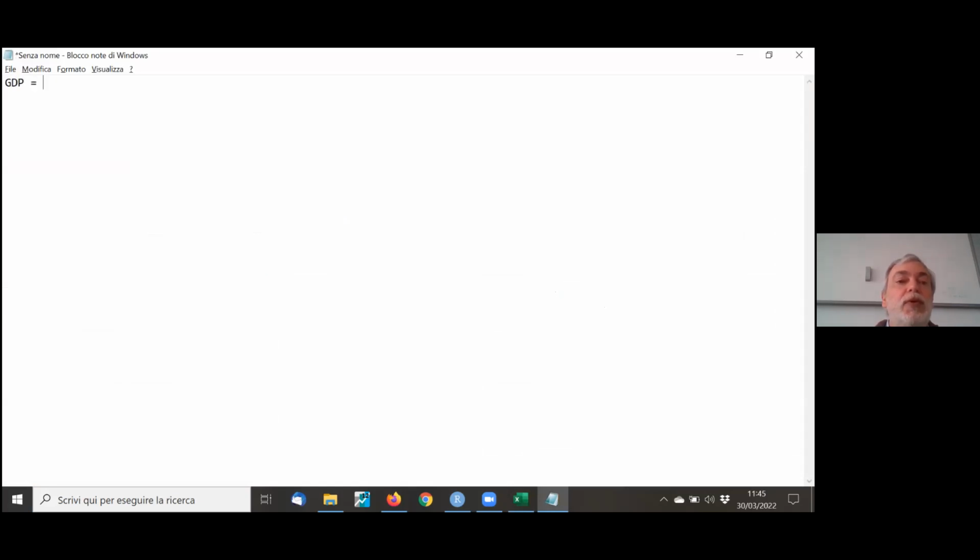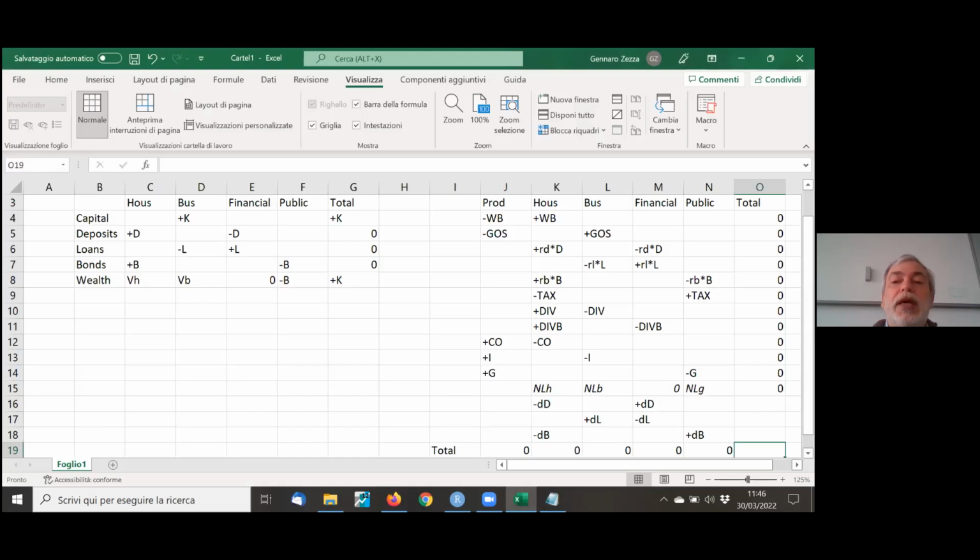So GDP will be equal to consumption plus investment plus government expenditure. And we will have that profits are GDP less the wage bill.